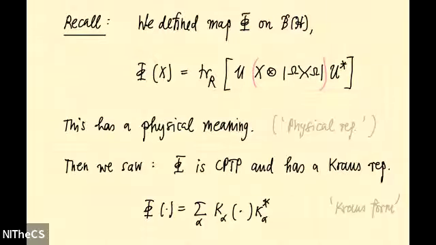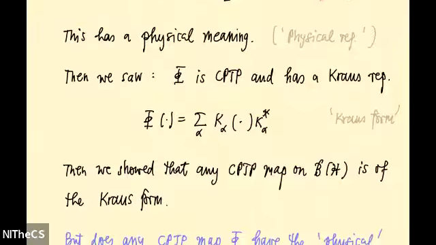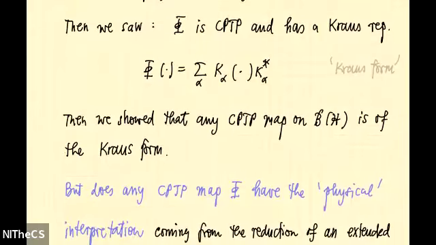And then we have seen that this actually is completely positive and trace preserving, and it has a Kraus representation. That's what we figured out. And then we showed that the converse is true too, namely any CPTP map is of Kraus form. So there's one more thing we could ask ourselves.